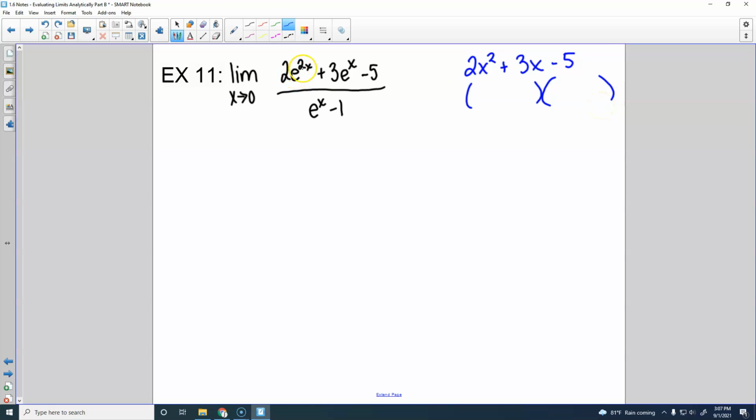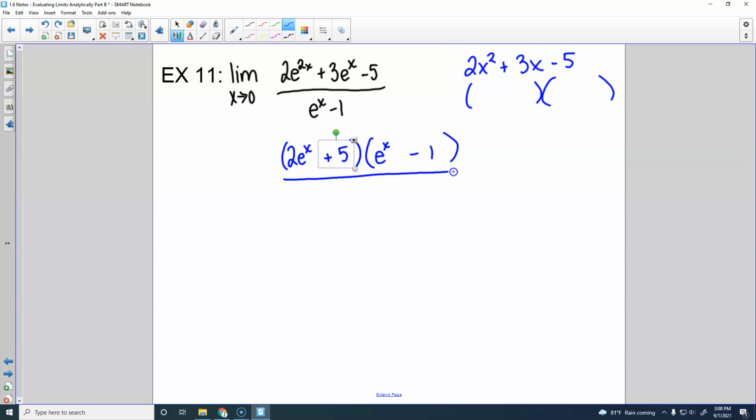So, this e to the 2x, I'm going to factor. So, I have 2e to the x times e to the x. Then I've got a negative 5. I need to get a positive 3 in the middle. So what could I do? Positive 5, negative 1. Is that going to work?